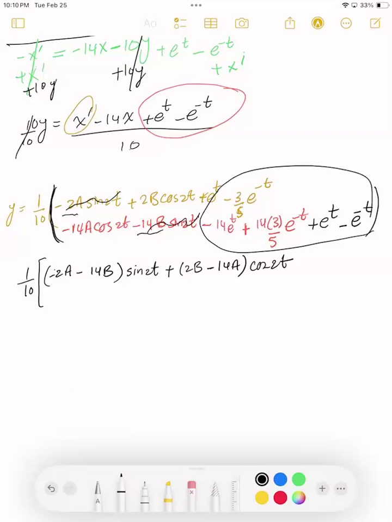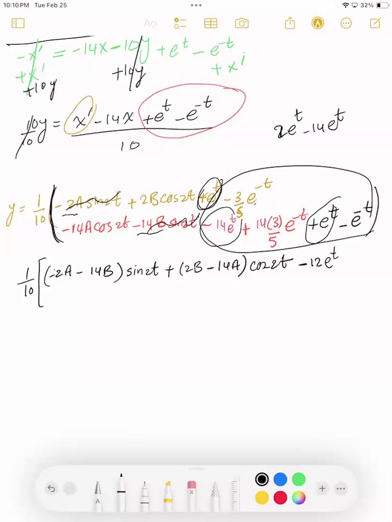So for e to the positive t, I have one of them here, and I have another one here, so that makes it 2. And then I have negative 14. So that gives me negative 12 e to the power t.